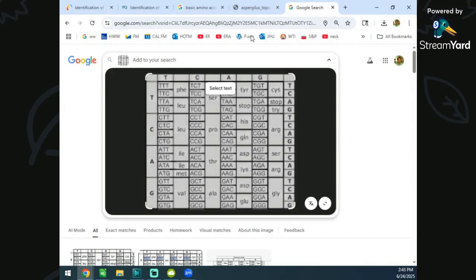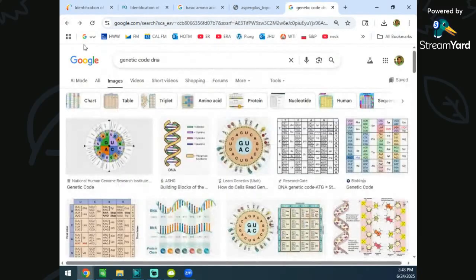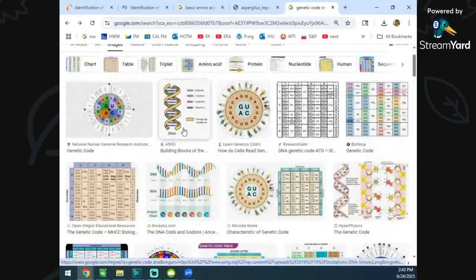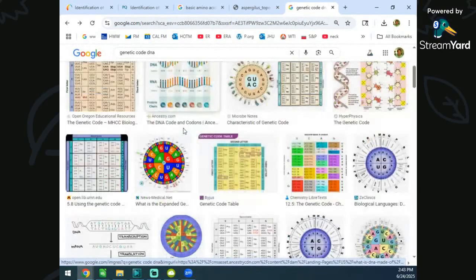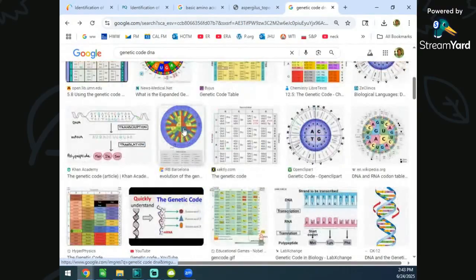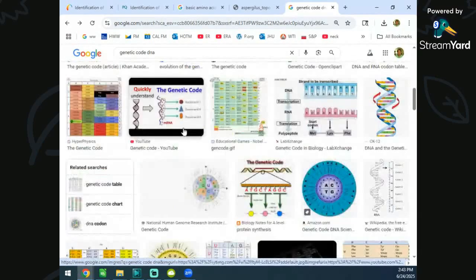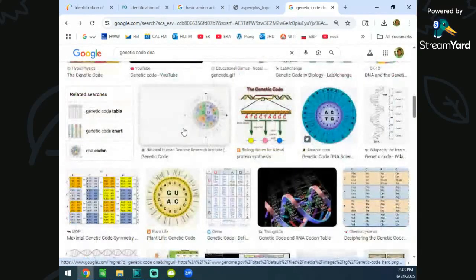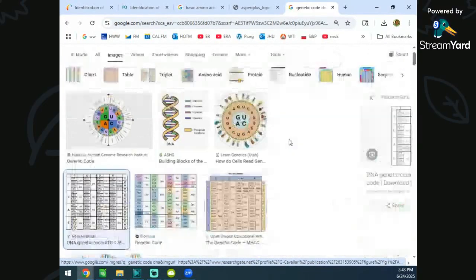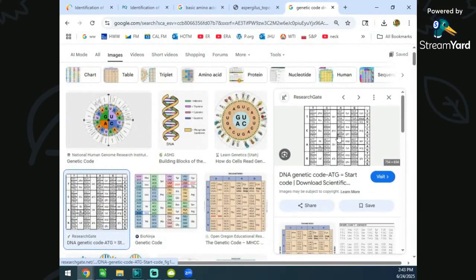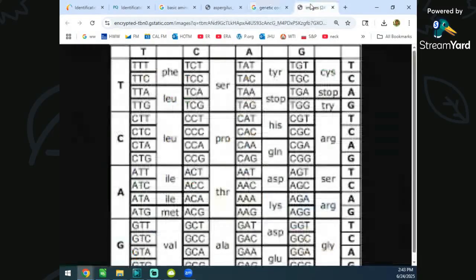Let me see if I can find a better one. They have a lot of them framed in terms of the RNA. Well, I think we'll just have to go with this one as best as we can. I'm sorry it's so blurry.